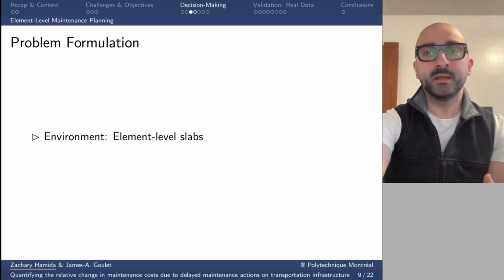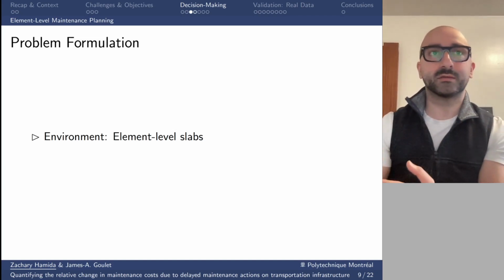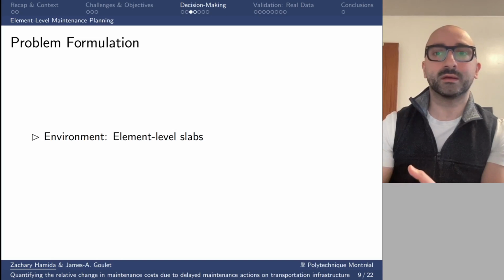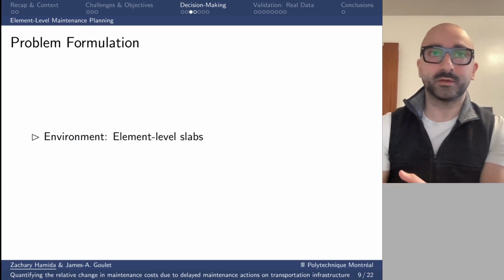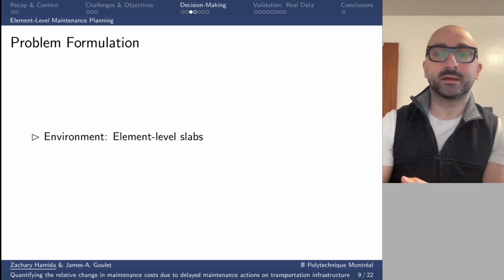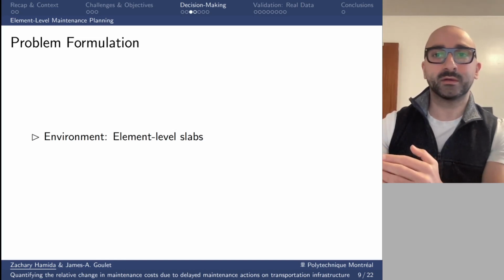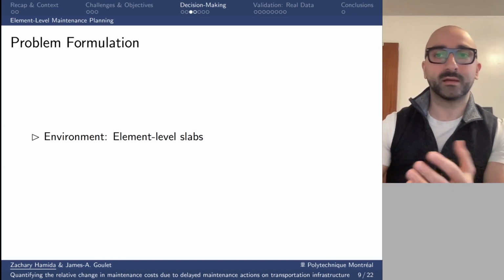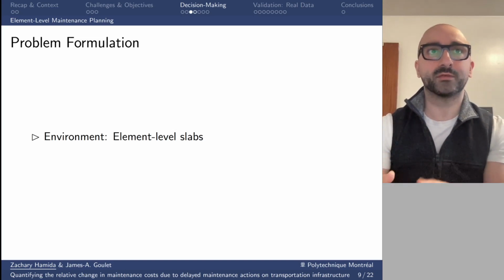So for that reason, we can take a look right now at how we can learn an element level policy, and then see how we can use that to get to a bridge level policy and how our framework is formulated.